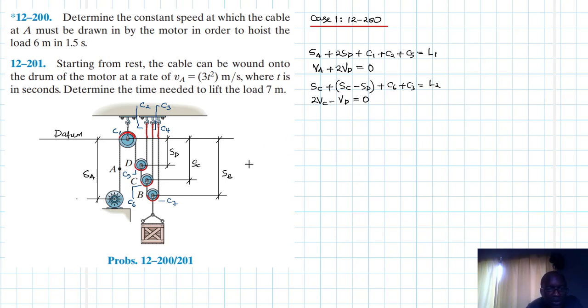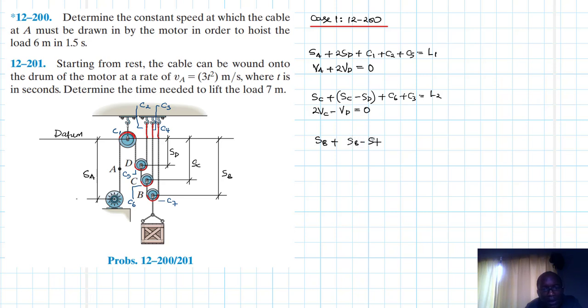Then the last equation, but not the least, we have SB. Let me just move this a little bit. So we have SB plus SB minus SC for this part here.